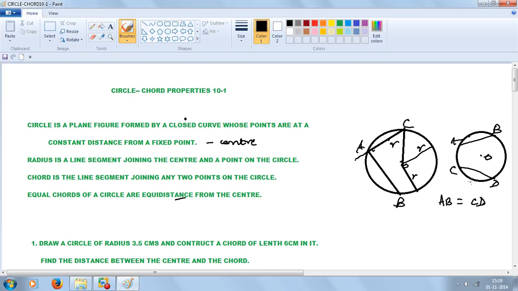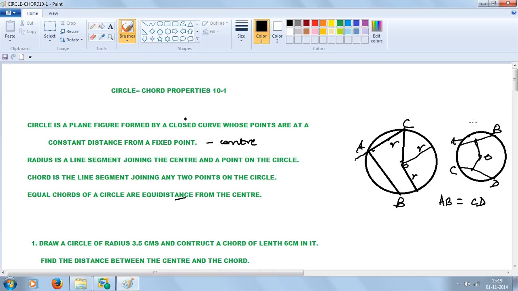So to prove that these two chords are equidistant from the center. Equidistant means the perpendicular distance from O. So from O we draw a perpendicular, that is the distance from center O to the chord CD.